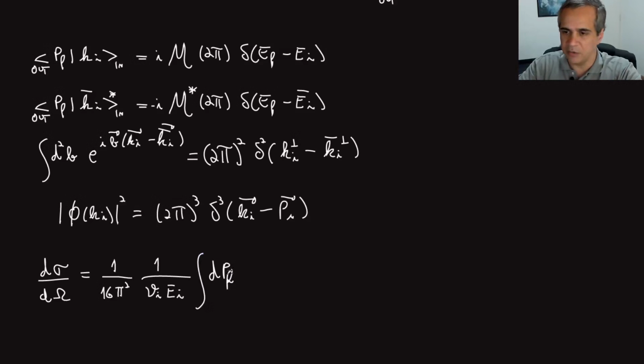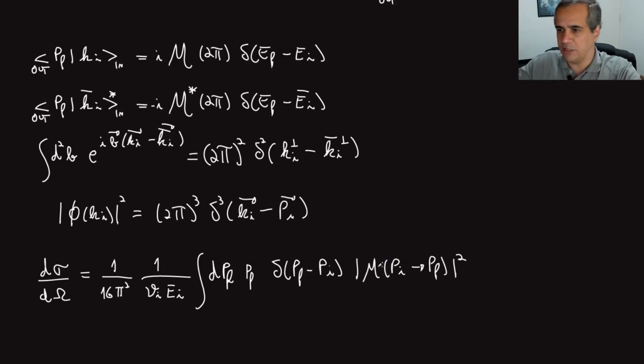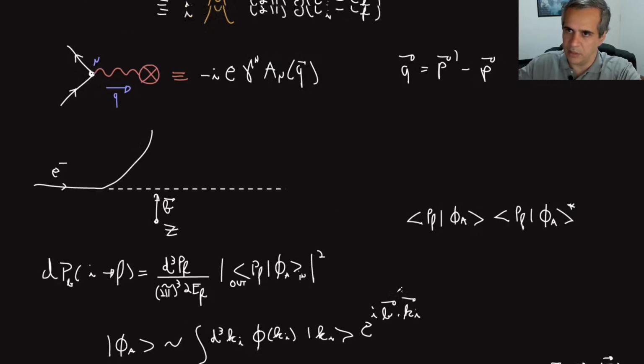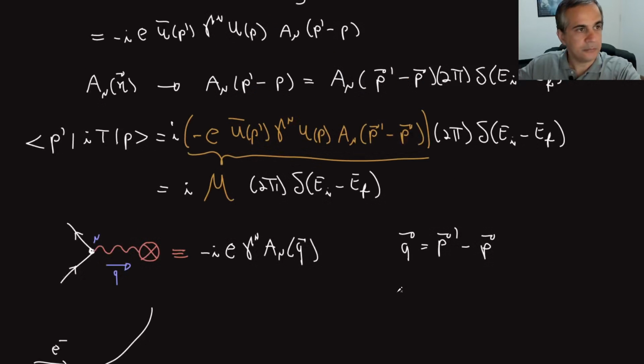So pf now is just the module of the final momenta, and there's a conservation of this module, which came from one of these conservations of energy there, and the matrix element squared, which we know. This is the matrix element that I have in yellow up here.